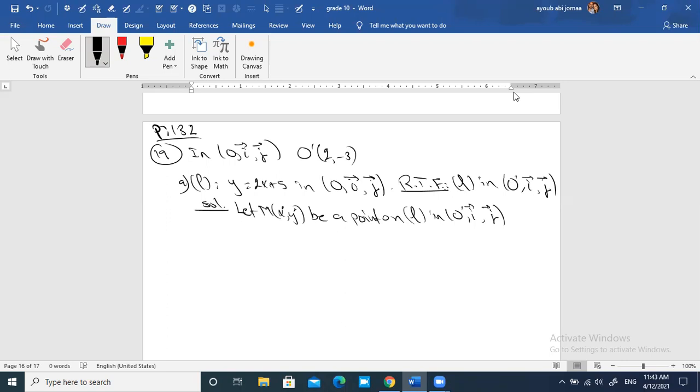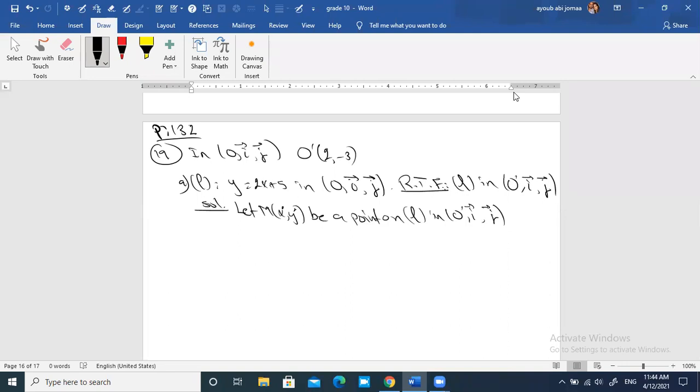Imagine x and y, what are they? Coordinates of a variable point on the line in the system. Whenever you have to write the equation of a line, it is not only the line. Next year, for example, when you study circles, the equation of a circle, you'll get a certain equation that contains x and y. X and y are coordinates of a variable point on this circle. Later on, when you study in space the equation of a plane, x, y, z, you are going to write some equation that contains x, y, and z. What are x, y, z?